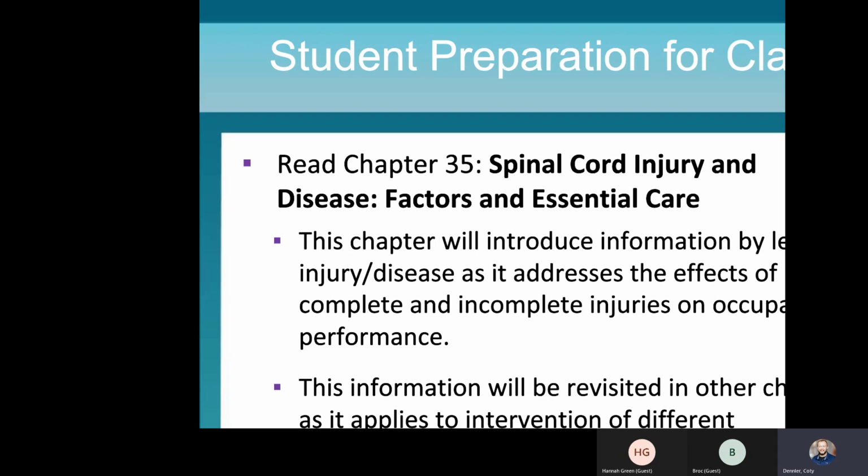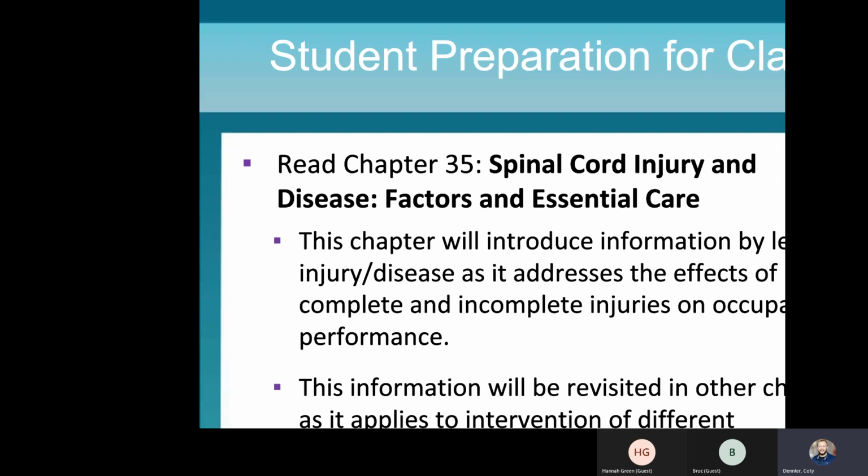Okay, so some of this information is going to be new, but a lot of it's going to be from older chapters, even from 204, the first BizDis. So some of the adaptive equipment, the ADLs, things that you're going to learn.